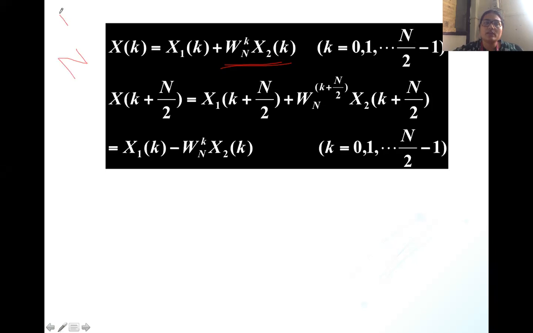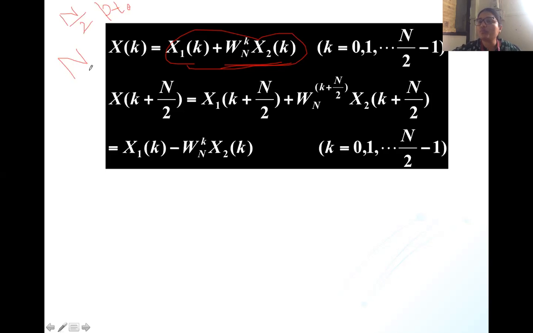I have calculated DFT values for the N by 2 point sequence only. So I will have to discuss the remaining N by 2 point values.